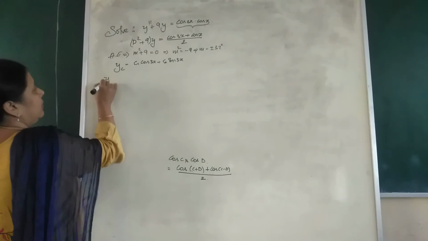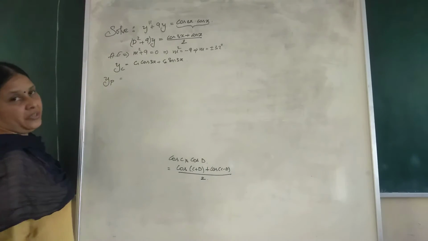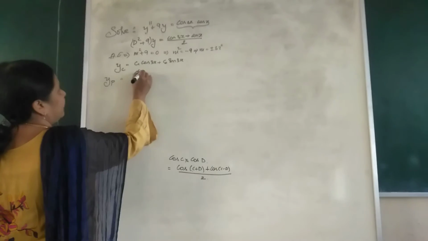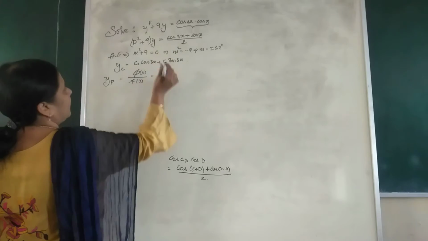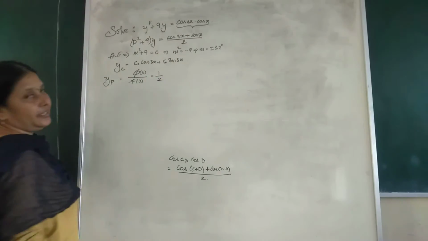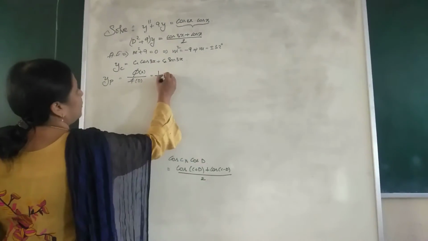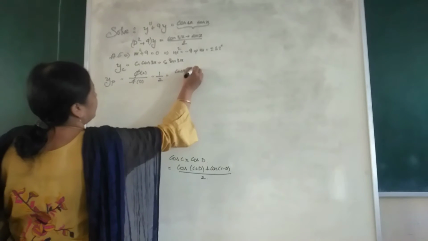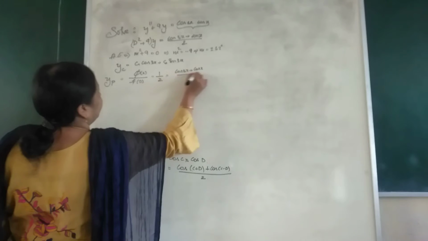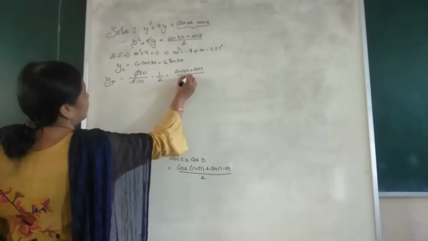Now coming to the particular integral, or Yp, which is equal to phi of x divided by f of D. In this case our phi of x has 1 by 2, which I took outside, into the numerator cos 3x plus cos x, the whole divided by f of D, which is D square plus 9.